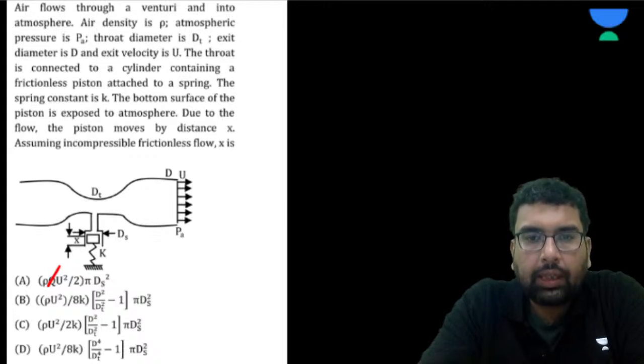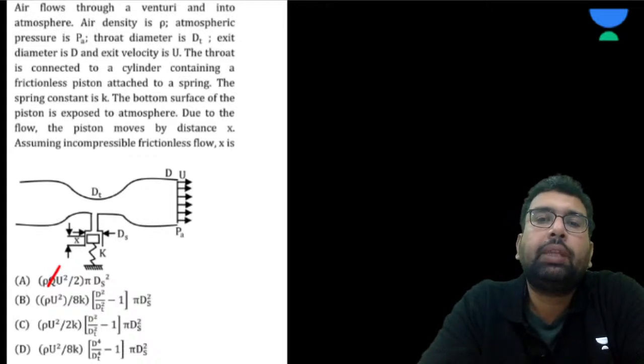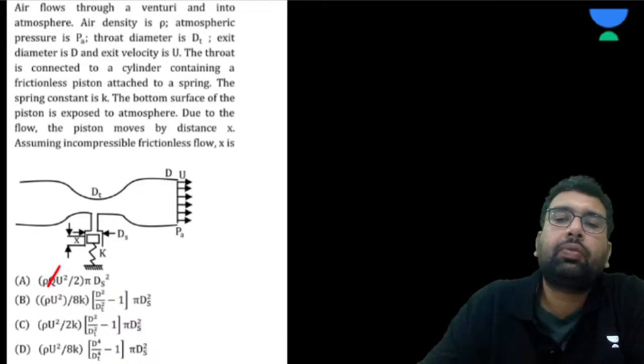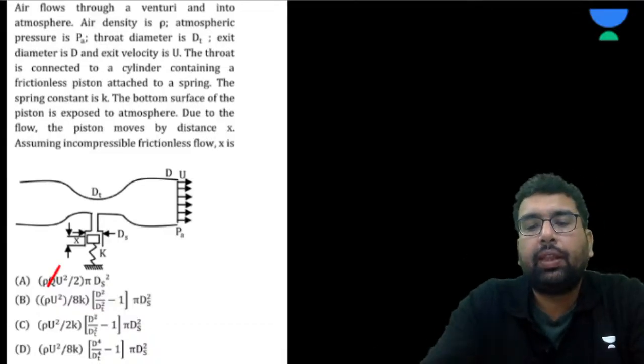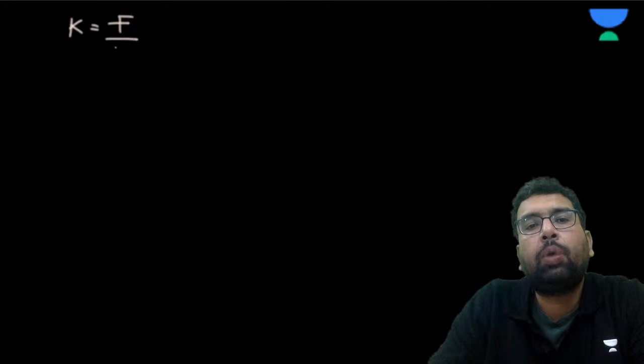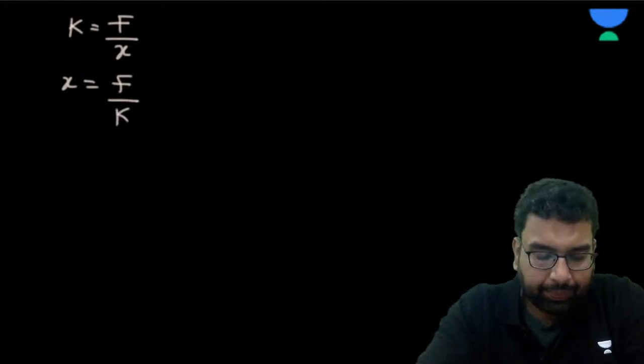Okay, so I was saying, please understand this. They are asking you the displacement, that is the x of the spring, and we have some stiffness given to us. Now ultimately, what is this x? Stiffness is force upon displacement, so x is equal to force upon k, F upon k, right?